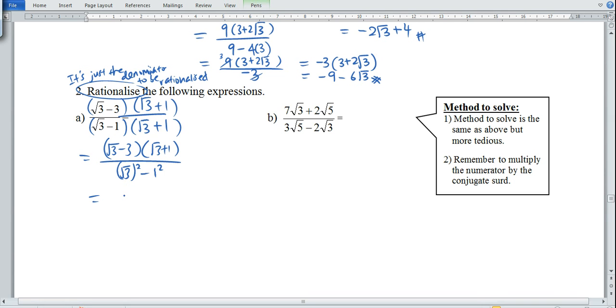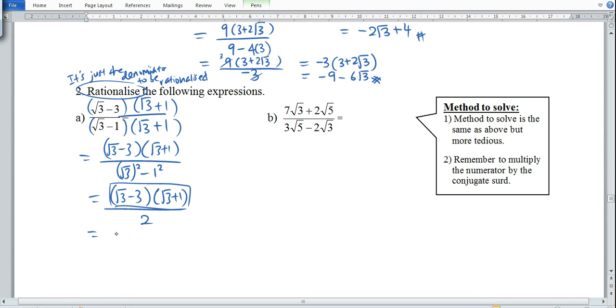Now if I rewrite the denominator, I will have gotten a very nice 3 minus 1, which is 2. But you have to simplify the numerator as well in this case, because we never know whether we can still reduce the numerator and denominator by a factor of 2.